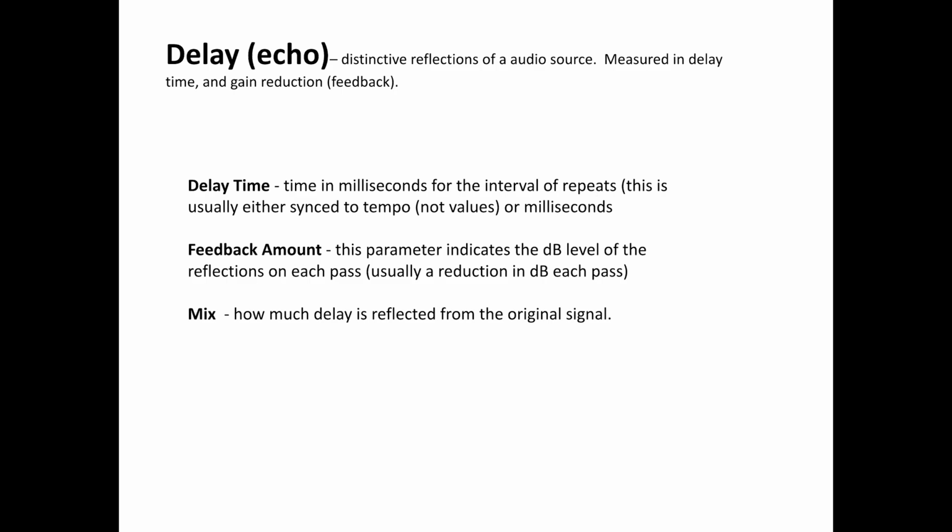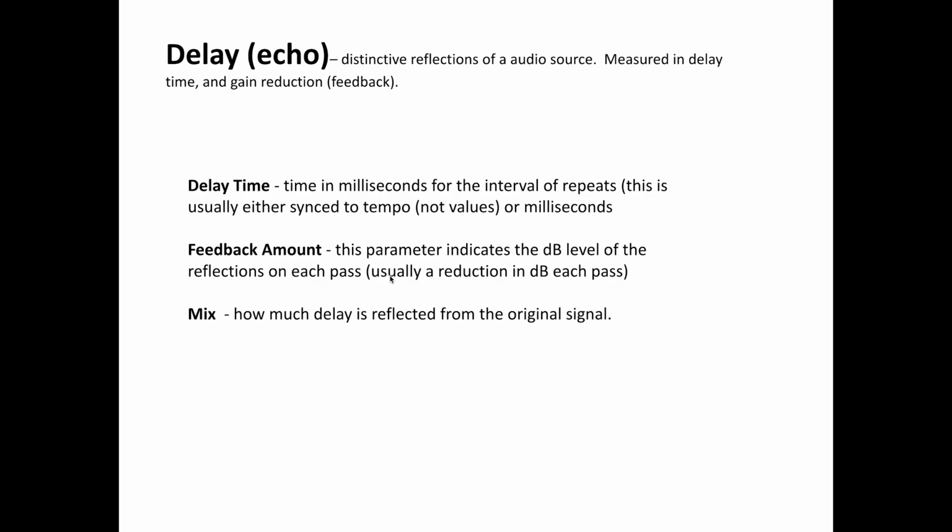And really important here is that usually this is a parameter of tempo, right? Or milliseconds. And what I mean by tempo is like you can set it to the quarter note or the eighth note in whatever tempo your song is in. In milliseconds, of course, it's just milliseconds. Feedback amount, this parameter indicates the dB level of the reflections on each pass, usually a reduction in dB each pass.